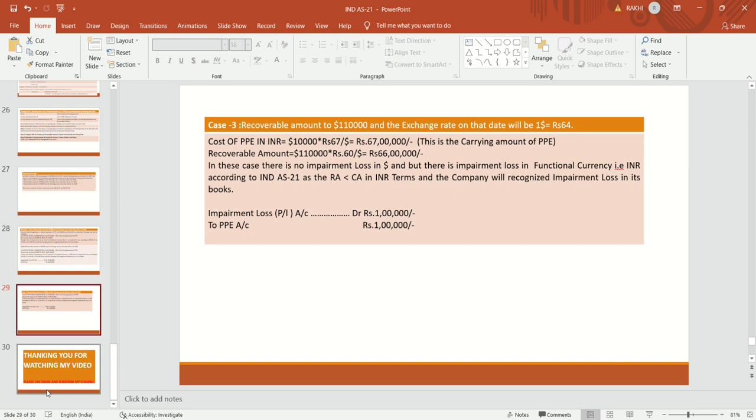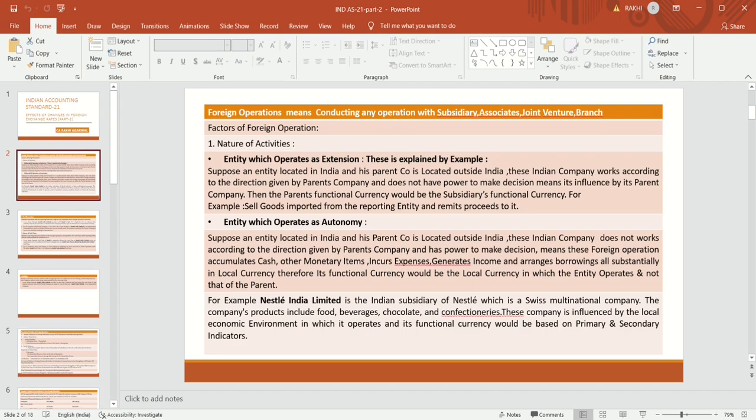As the recoverable amount in functional currency is less than the carrying amount, the company will recognize impairment loss in its books. So impairment loss is the difference, that is 67 lakhs minus 66 lakhs, that is 1 lakh to PPE account.